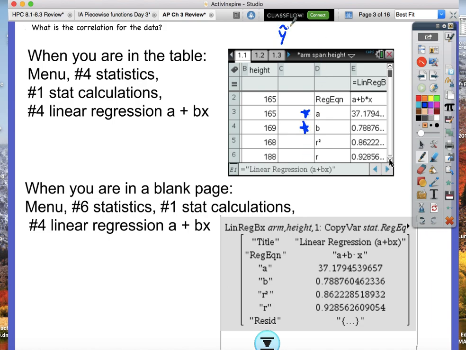Remember, it's y hat equals a plus bx. You would just fill those in. But you also get your r squared and your r. R is correlation. You can also do that in a blank page, but this time it's menu 614. But again, you get your a and your b for your equation, r squared and r. So you get the same information.